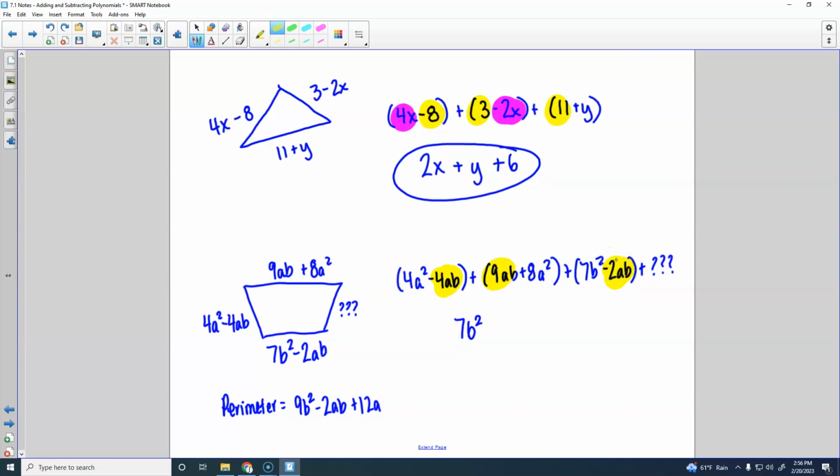So I've got 9, negative 4, negative 2 is going to give me 3. And then I got to put together those a squareds. So a squared, that's going to give me 12 a squared.